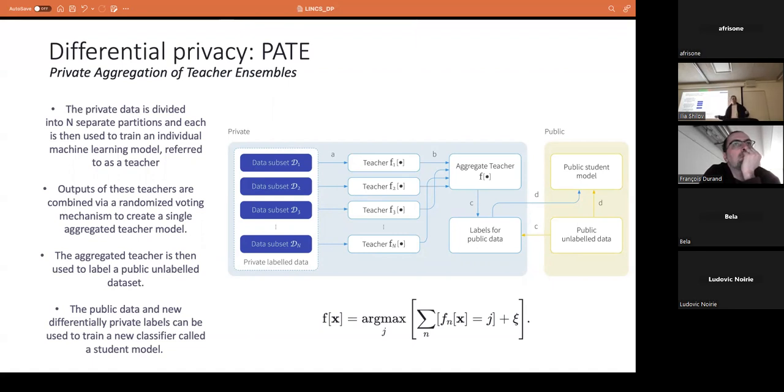So, the randomized voting mechanism. The noise depends on the properties of the data, and the noise is Laplacian. Then this model is used to put labels on already public data. This labeled public data can then be used to train another model, whatever you want. And the differential privacy arrives at this stage.